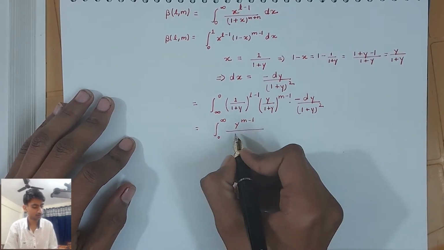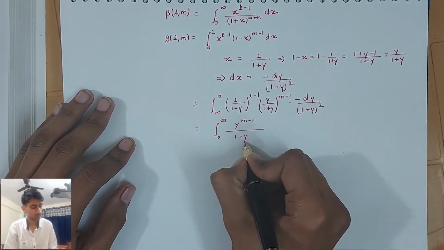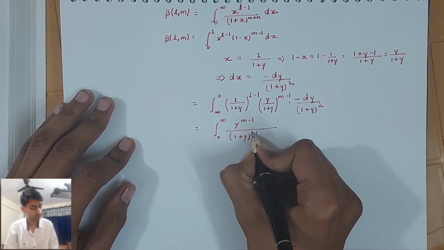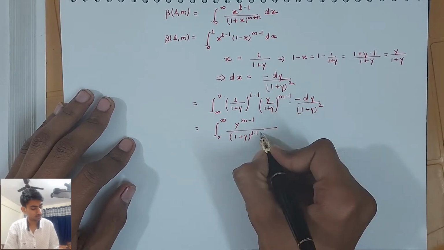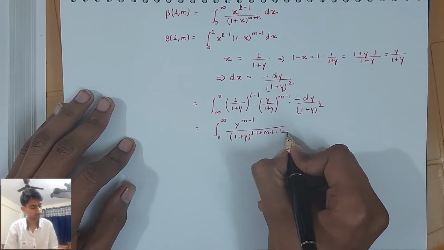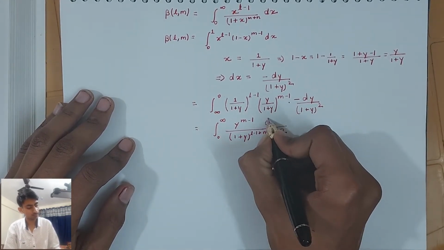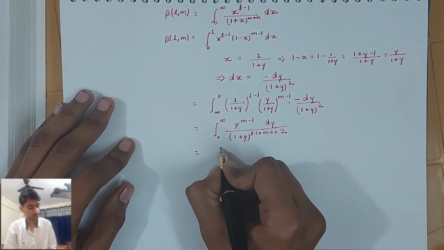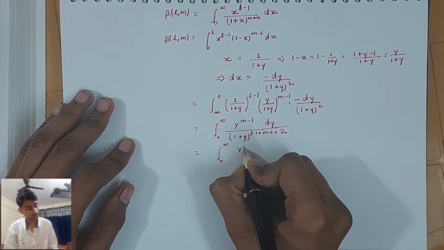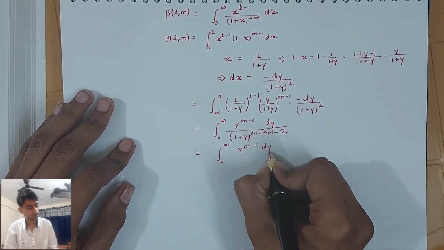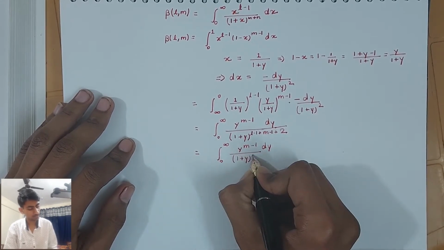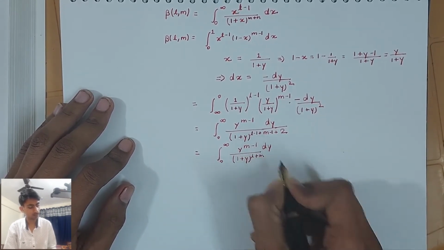So let's add their powers: 1 plus y to the power l minus 1 from here, and m minus 1 from here, and 2 from here, and dy. So we will get integral 0 to infinity y to the power m minus 1 dy divided by (1 plus y) to the power l plus m.